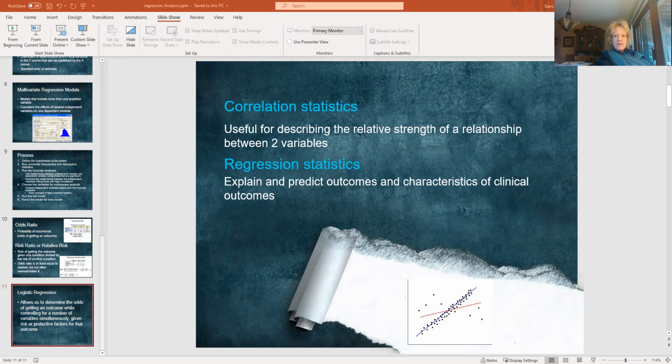But we need something further if we want to explain or predict outcomes. So regression statistics is a tool we can use that helps us with explaining these relationships and predicting outcomes and characteristics of clinical outcomes.